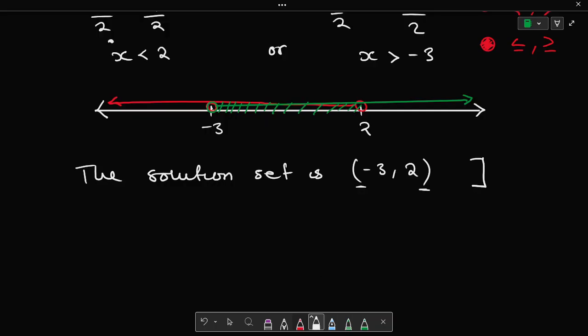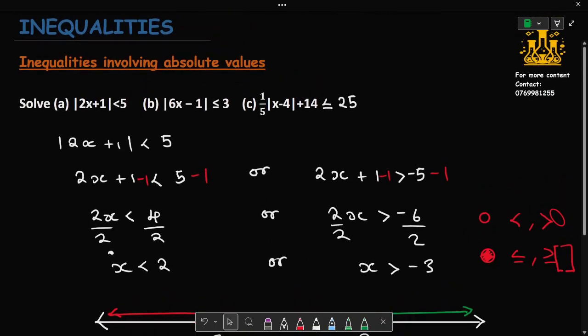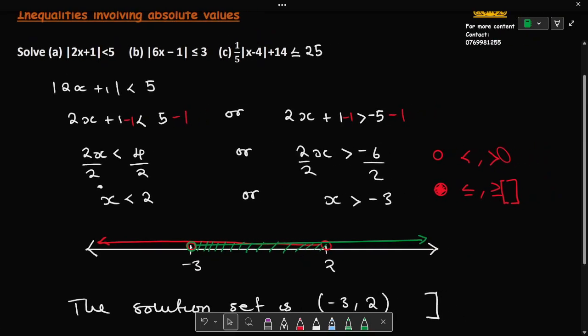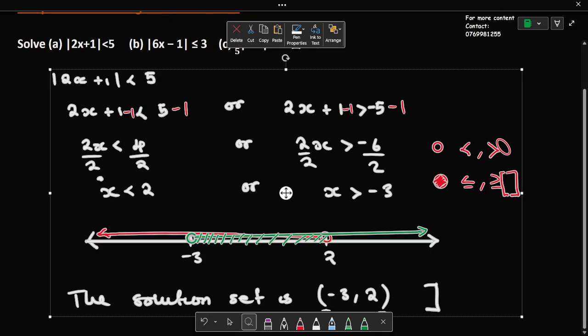Okay, it's because we have open circles, and we said that for open circles you use parentheses, and for closed circles you use brackets, and these types of brackets. Okay, so that's how you solve this first question. Let's try to look at the second one.